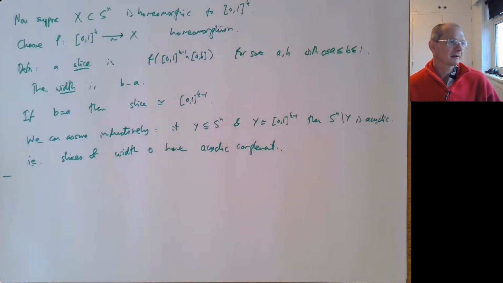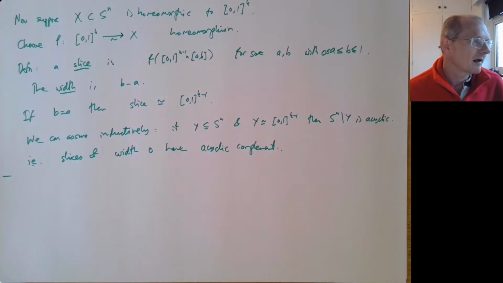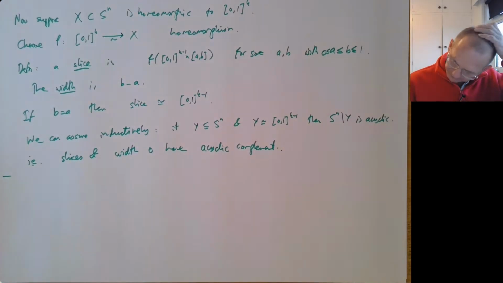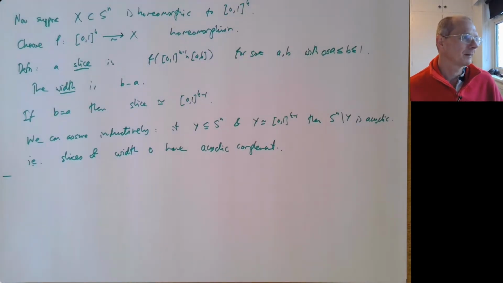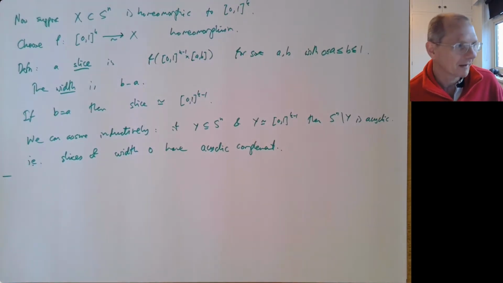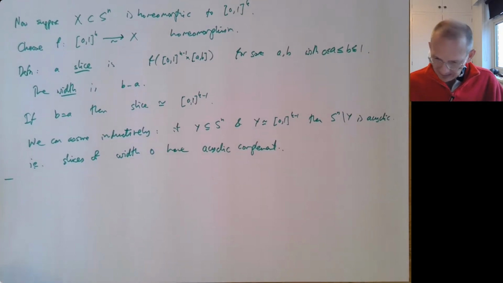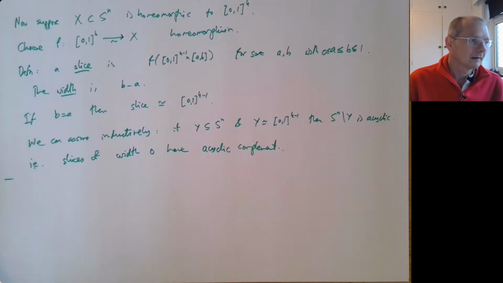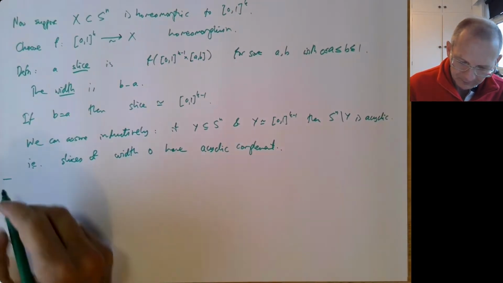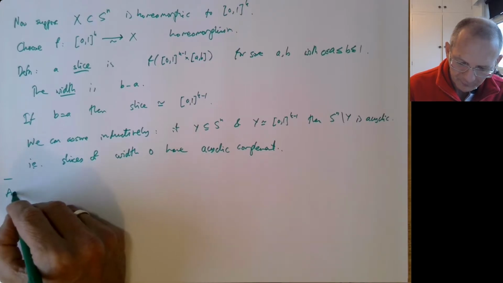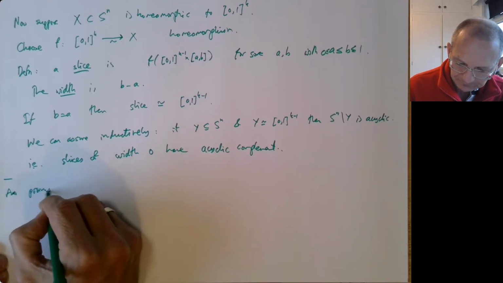Okay. So now I'm going to outline a method of proof which doesn't really work, but which gives you an idea of how you might start to do a different proof which does actually work. Let's call it a promising approach.